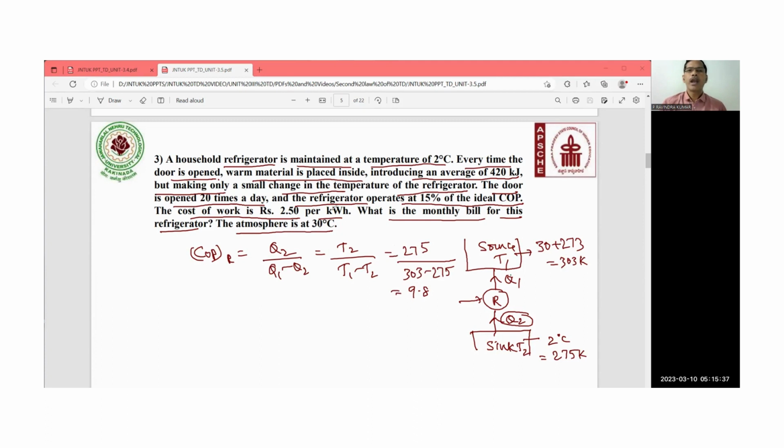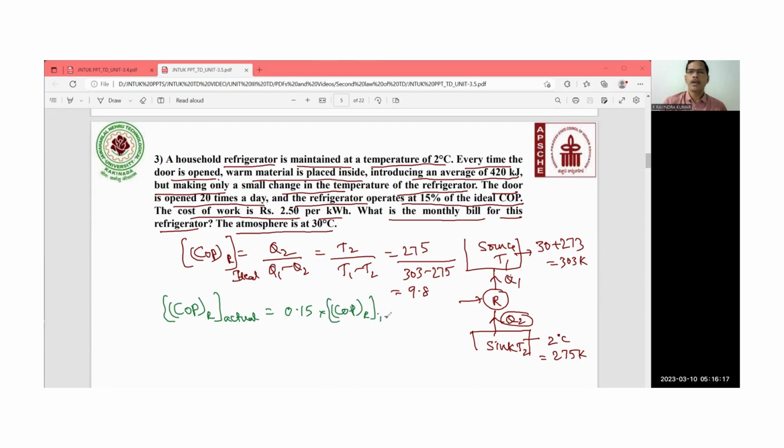But the refrigerator operates at 15% of the ideal COP. So the COP of the refrigerator in actual practice is equal to 0.15 times the COP of the refrigerator in the ideal situation.